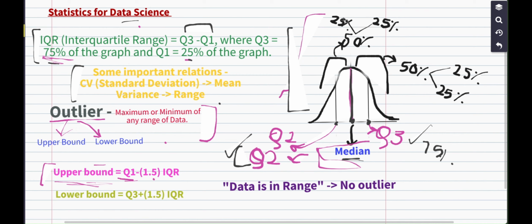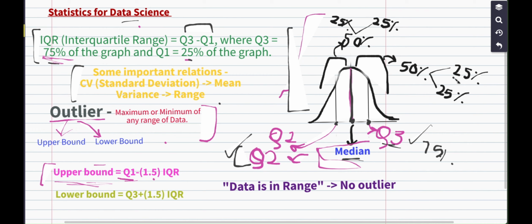This particular point is Q3, the 75th percentile of the graph. When I say Q1, that is the 25th percentile, so this will be the plot of Q1. So basically this graph is divided into two parts, 50 and another 50 percentile, and each 50 is divided into 25 and 25 percentile.